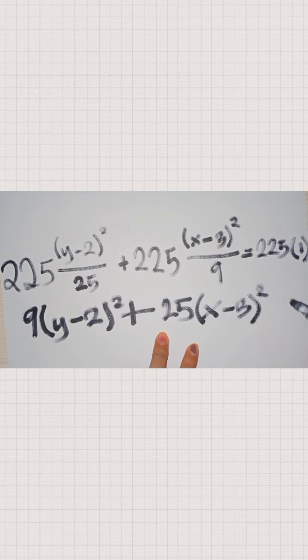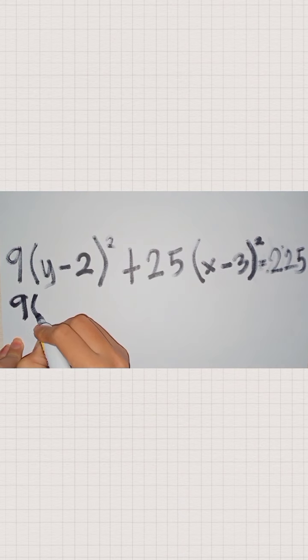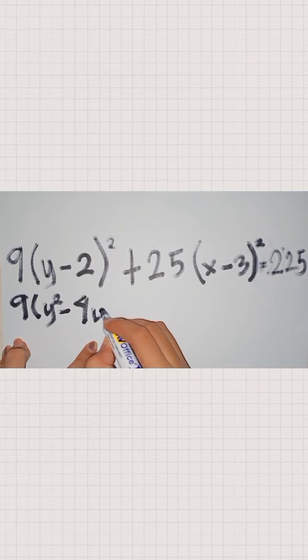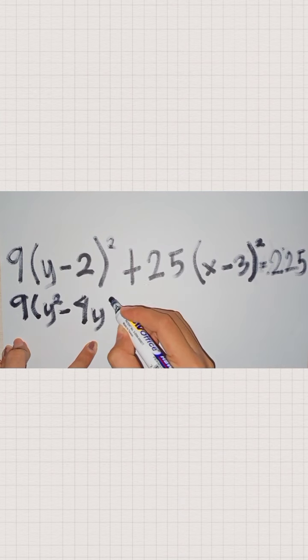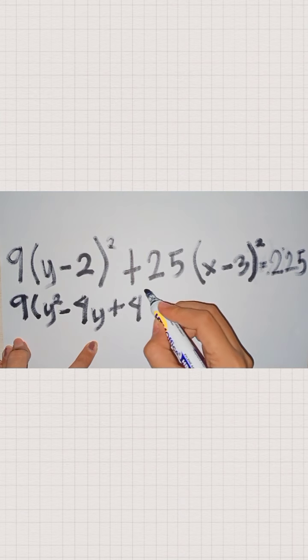Tapos natin siyang i-simplify, i-expand natin siya. So, 9 quantity of y squared negative, copy the sign, magiging 4y plus 4.